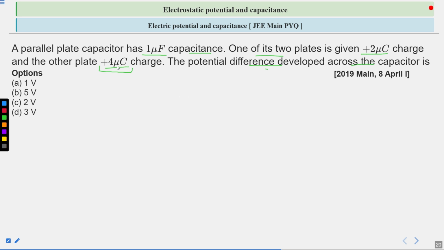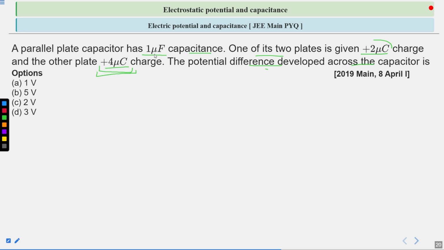So this plate will be considered more positive and this one less positive. This will be considered the first plate and this the second plate. In place of the negative plate, we consider the plate with the less positive value, with lesser potential, and the plate with greater potential has the greater positive charge.